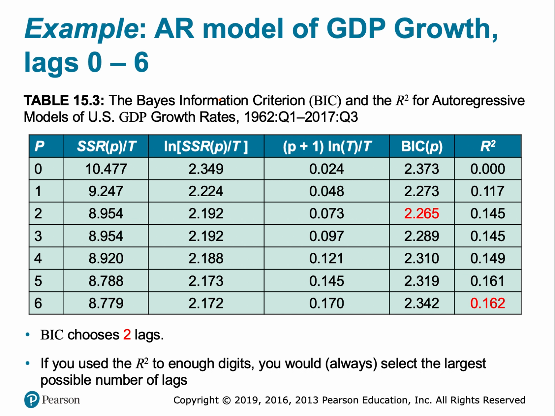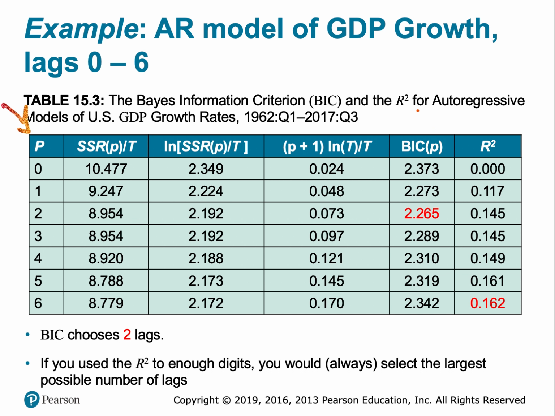So we have the Bayes information criterion and the R squared for autoregressive models of United States GDP growth rates using data from 1962 quarter 1 through 2016 quarter 3. In the first column, we have the number of lags, P equals 0, 1, 2, 3, 4, 5, 6. We have the sum of squared residuals over T in the second column, the natural log of that number in the third column, in the fourth column we have that second penalty term.